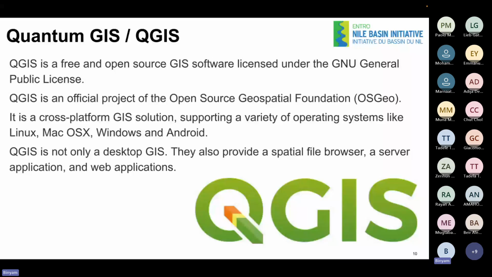But these commercial ones basically need a specific operating system in your computer. So QGIS is not only a desktop GIS, they also provide a spatial file browser, a server application, a web application. So it has many advantages.